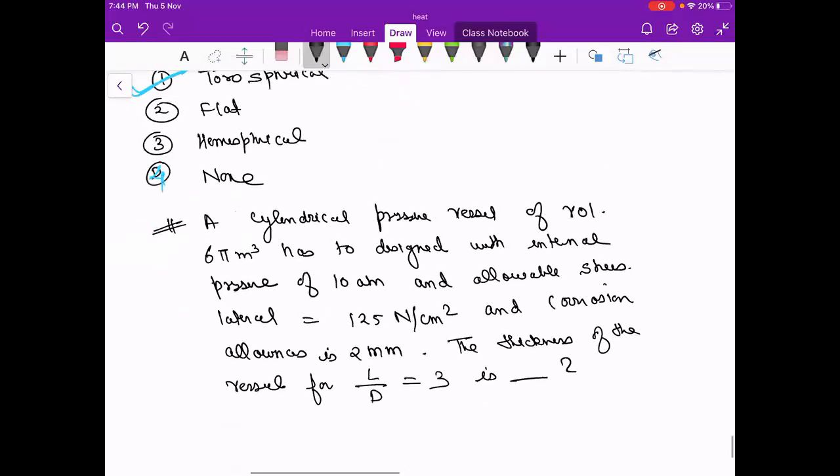This is the second and this is the third one. Solve. Okay, solve this.